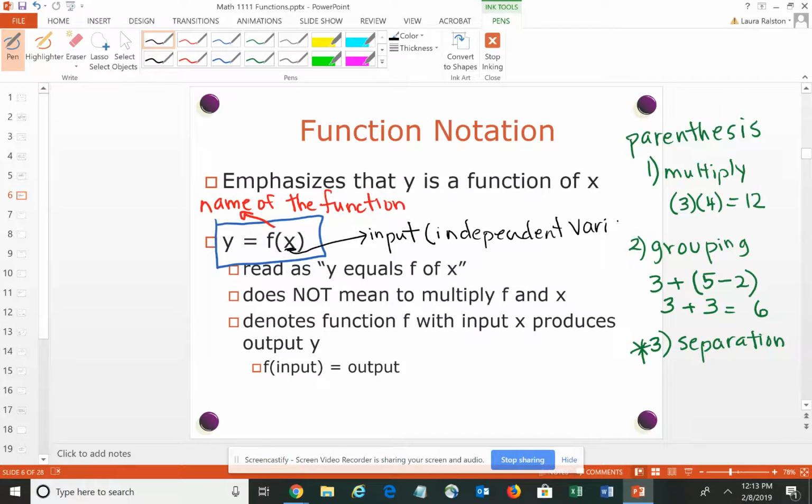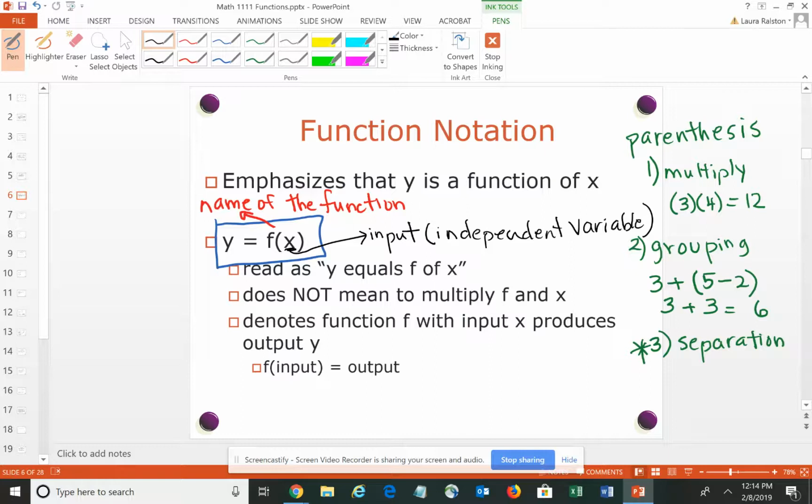And again, in most cases in algebra, we do prefer to use the letter X, but it doesn't always have to be an X. For example, if we were doing time, we might use the letter T. If you were doing, say, dollars, we might use the letter D. So it's a fancy shorthand notation within algebra to emphasize that you're dealing with a function, so that the reader doesn't have to go through the process of determining whether or not it is a function.